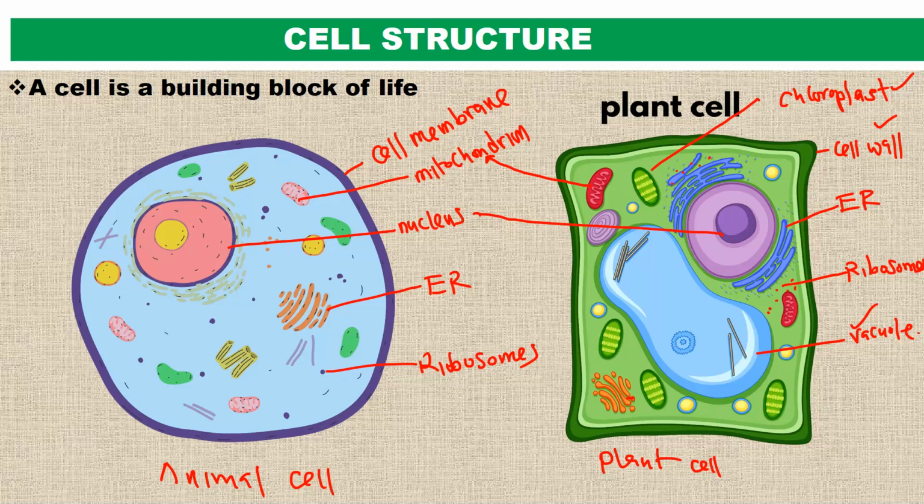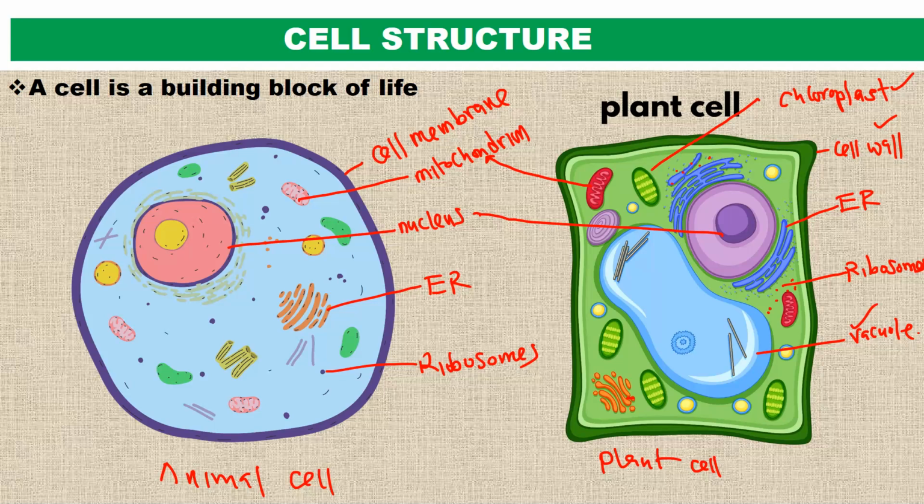So what you need to know from here are the parts they have in common, the plant and the animal cell, and the differences they have. Of course, the plant cell has more parts compared to the animal cell. The extra parts that it has, which the animal cell does not have, are the chloroplast, the vacuole, and the cell wall. As we look at the questions, these parts are very important in differentiating the two cells.